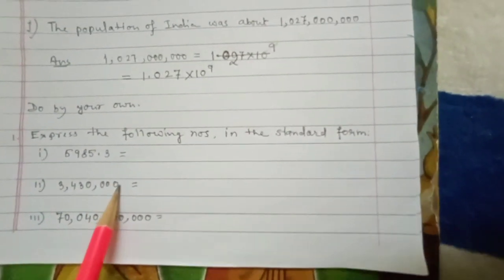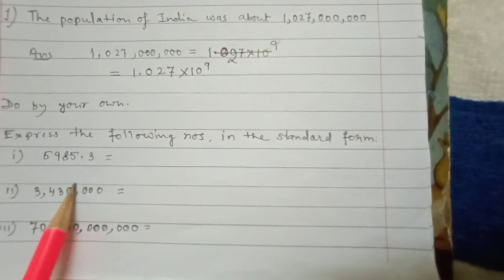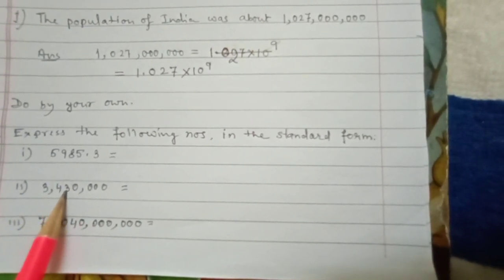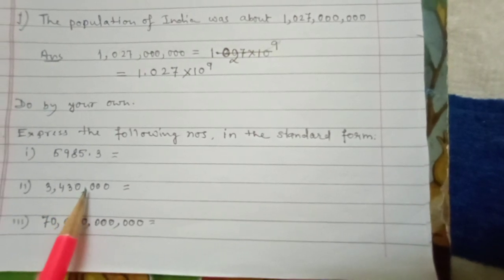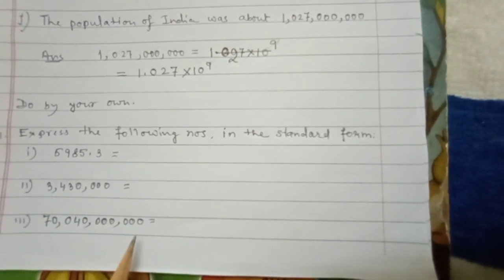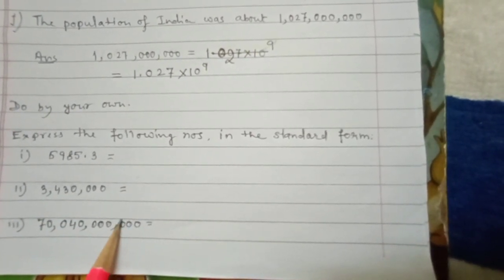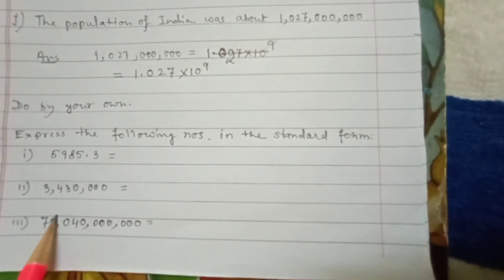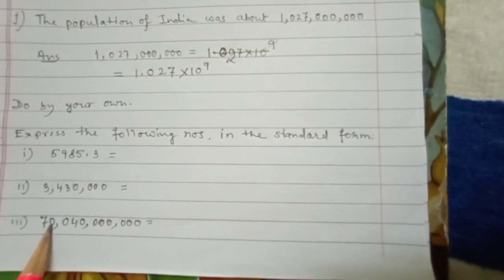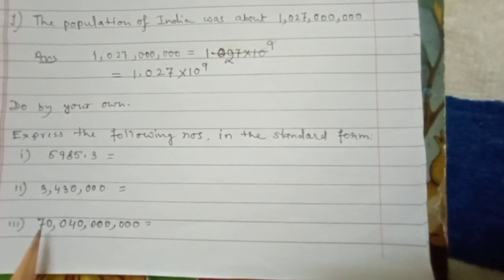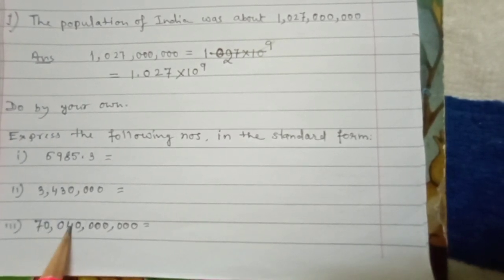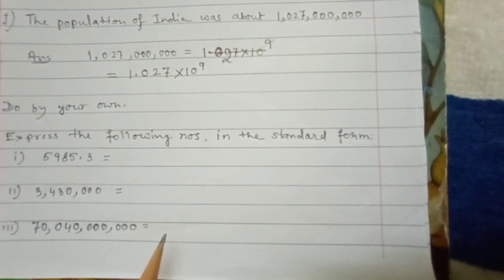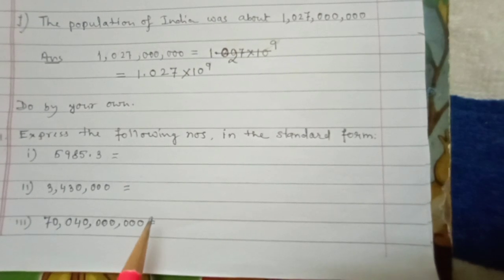Here also the point will move and stop here. After stopping here, 3.43, then you have to write 10 to the power something, which you know. Here also from here, 1, 2, 3, 4, 5, 6, 7, 8, 9, 10. Then 7.004, this 0 you will not write, into 10 to the power what? You know better than me.